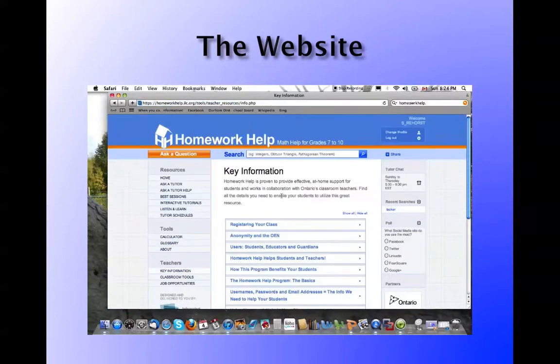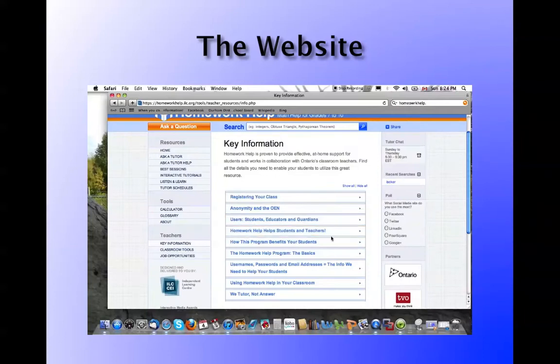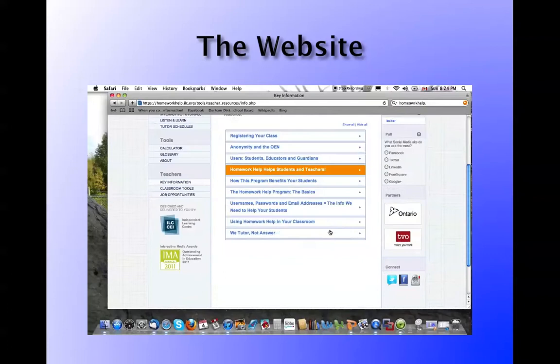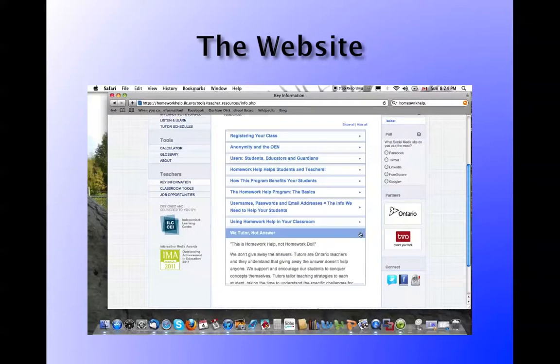There's also key information about how to register your class, things that students and teachers would benefit from, and we tutor, not answer, which I love because we don't want to give our students the answers. We want to help them find the answers themselves. So there's just little information bits here for you if you are interested in looking at it.